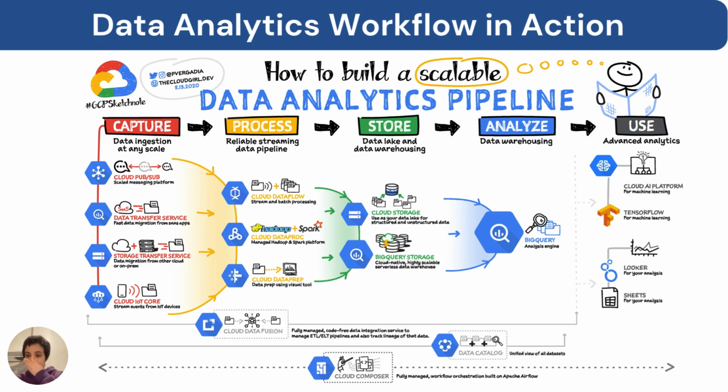Then we have the analyze step, which comes after the store, and it's the magic of analysis tools like BigQuery. It helps Netflix uncover patterns and insights on what drives user preferences, what times they're most active, or which shows they're likely to watch next.